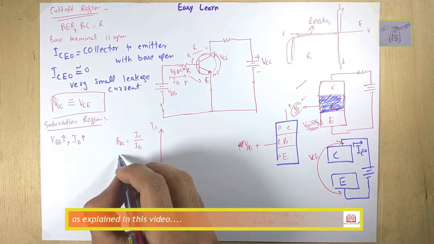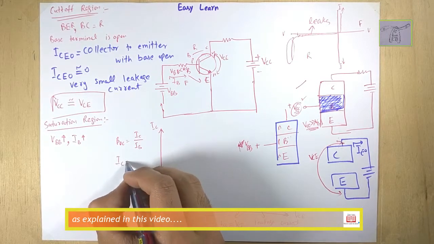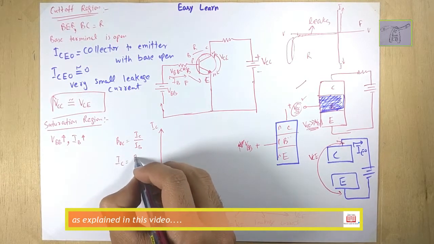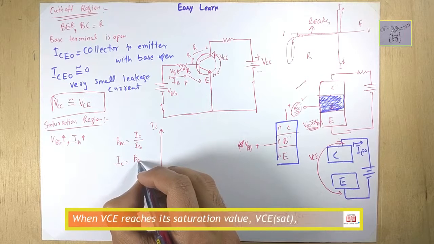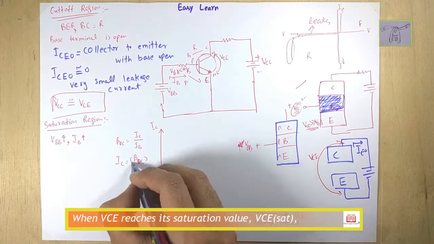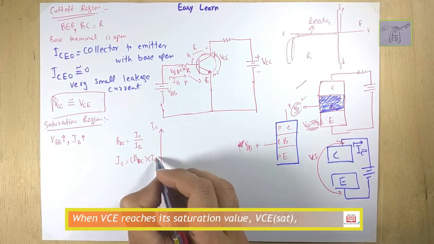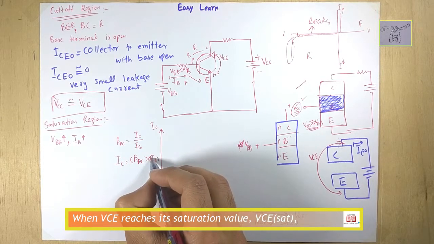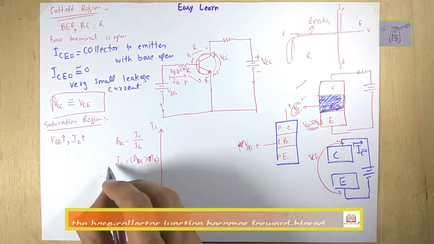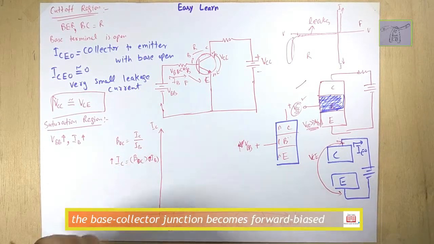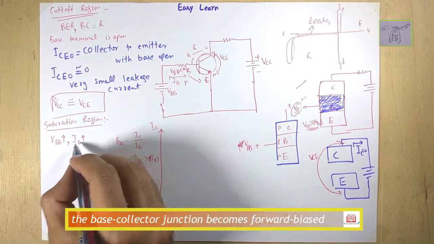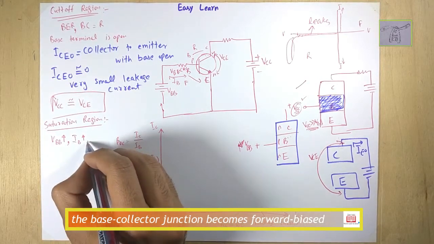If we rearrange this formula, IC equals beta DC multiplied by IB. If IB increases, it means collector current IC also increases.